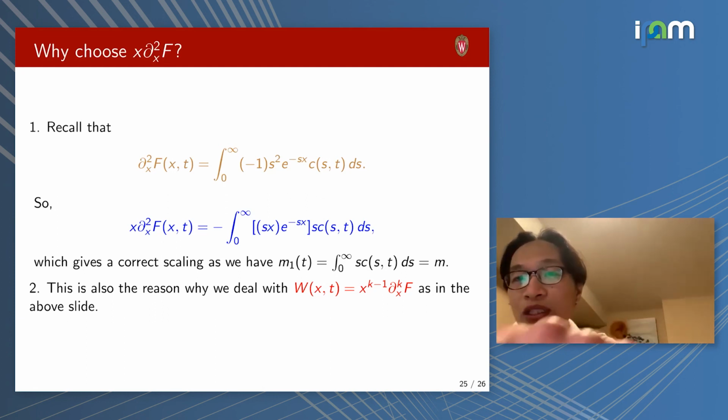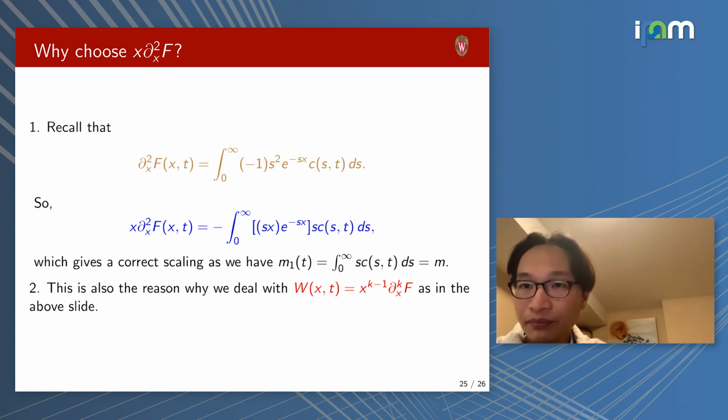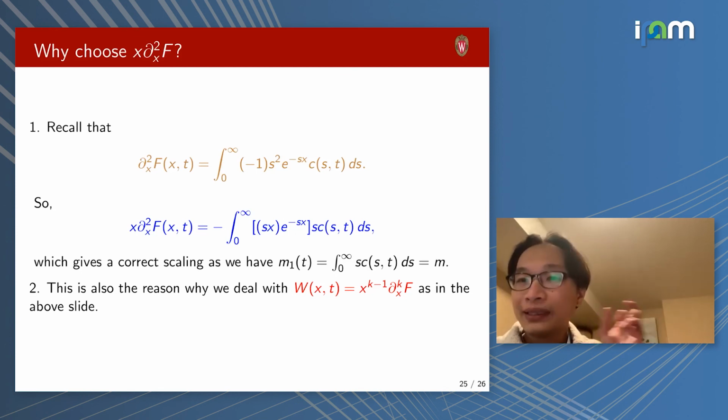Why? Because if you multiply x in, I put everything in blue there, you get sx times e to the minus sx. That one is nice and well controlled. And then the other term is s times c st ds, which is essentially the first moment. So that gives me the correct scaling.